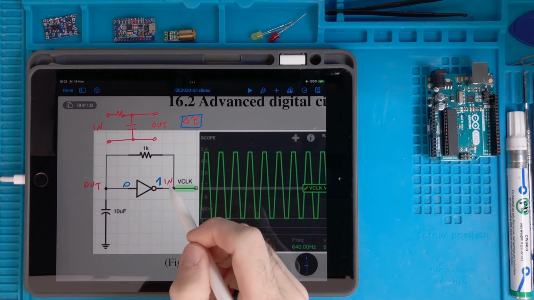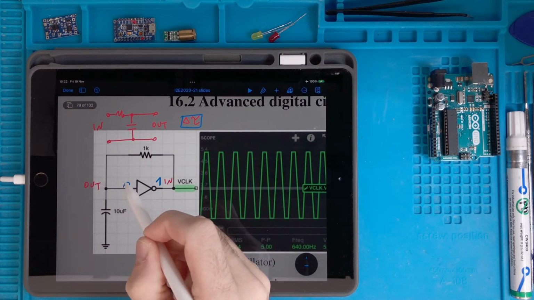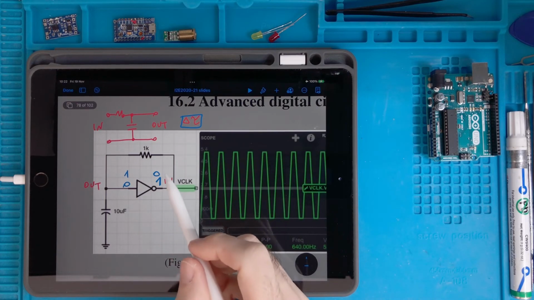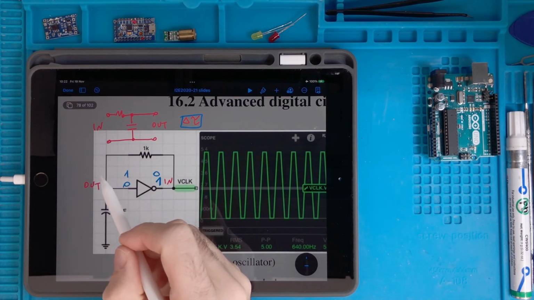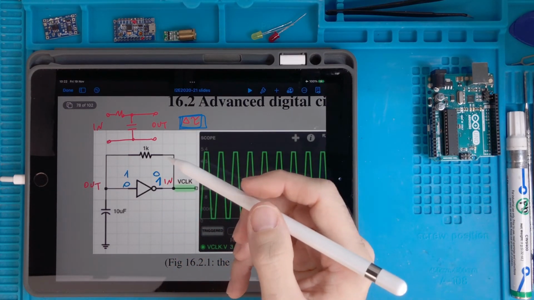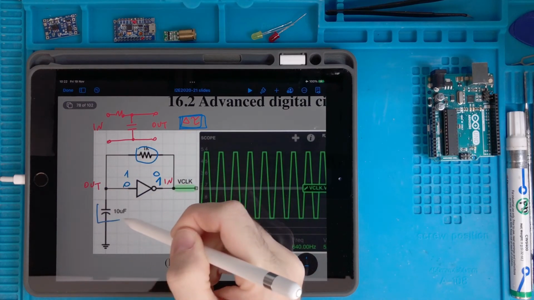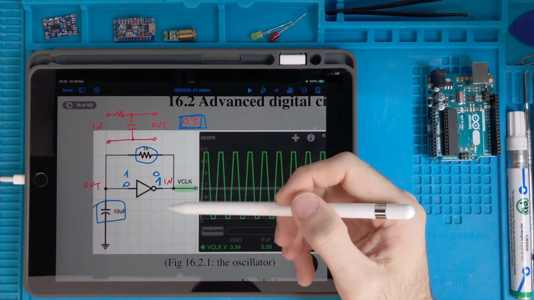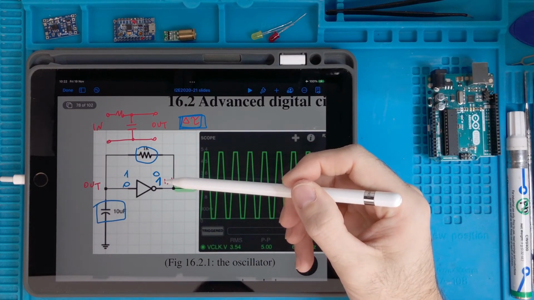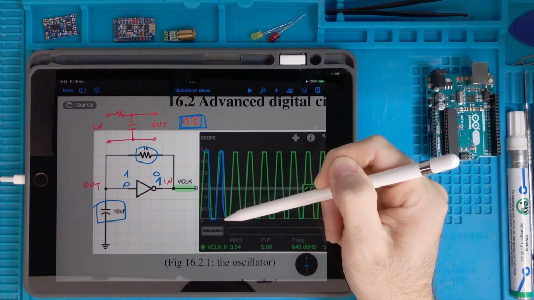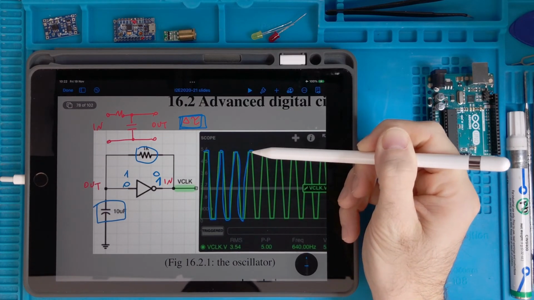Then, when this 1 propagates here and arrives at this condition, the gate will immediately produce a 0 here. But this 0, in order to come here again, will take some time again. So this circuit will save the laws of the universe by creating an alternate status at the output and also, of course, at the input. So we have an oscillation like this, from 1 to 0, 1, 0, 1, 0.